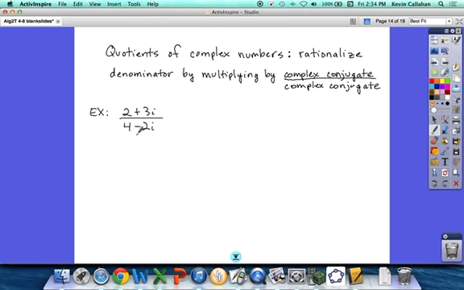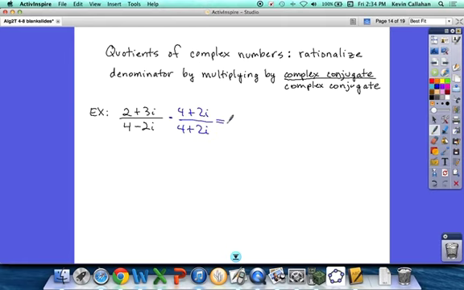It'll look like this: 4 plus 2i over 4 plus 2i. Because what's going to happen when I multiply these in the denominator? They're conjugates, so all the i's are going to go away. So let's do that.